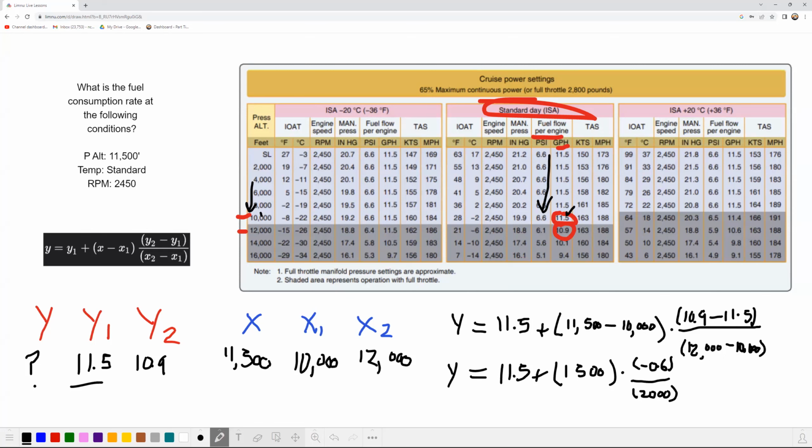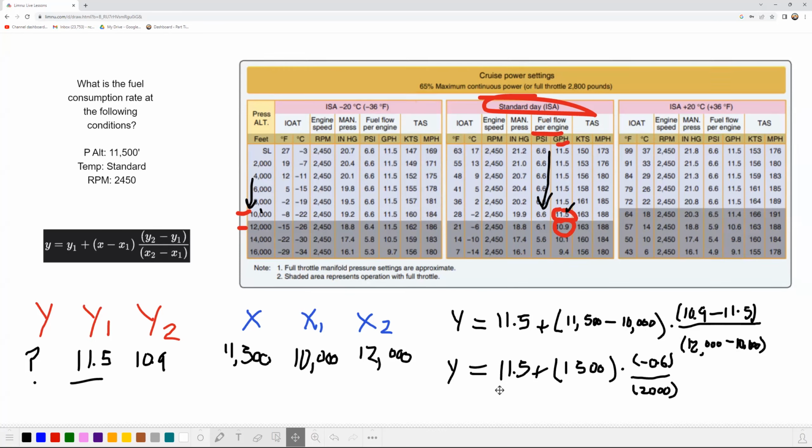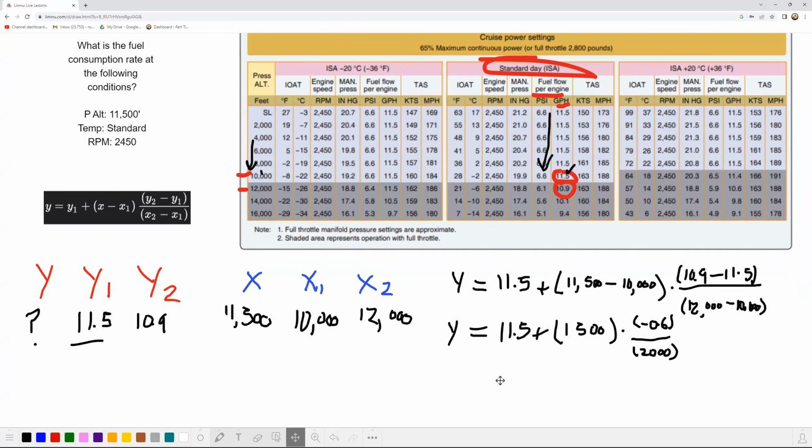Now the next thing we do, PEMDAS: parentheses, exponents, multiplication, division, so multiplication and division we can do in whatever order we want. Let's do 1,500 times negative 0.6, which is minus 900.